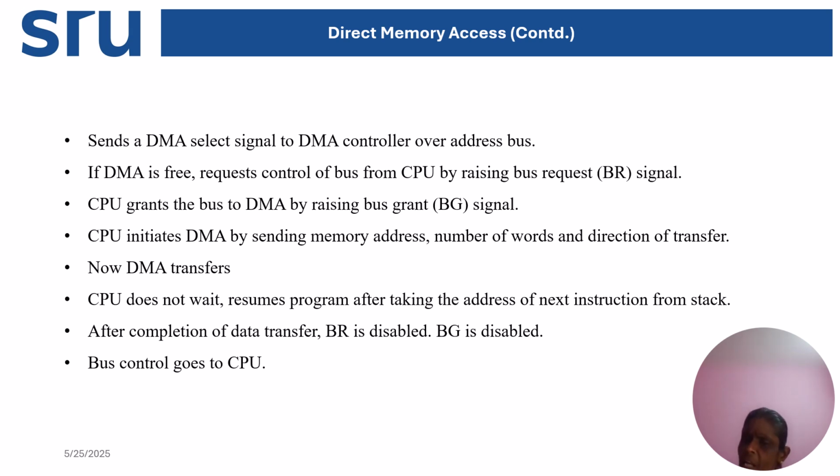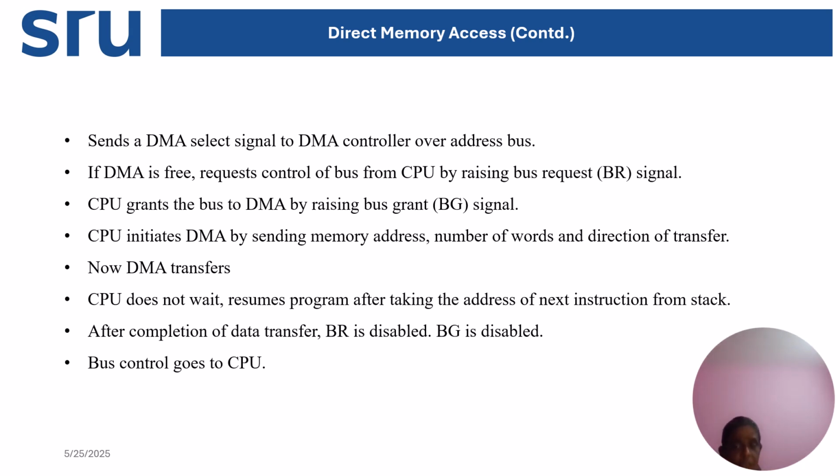Now the DMA transfer starts. Next, the CPU does not wait and resumes the program. Once the data transfer is started, it will not wait until the data transfer is completed. It will come back to the main program. How will it come back? The address of the next instruction is stored in the stack already, before going to the ISR.